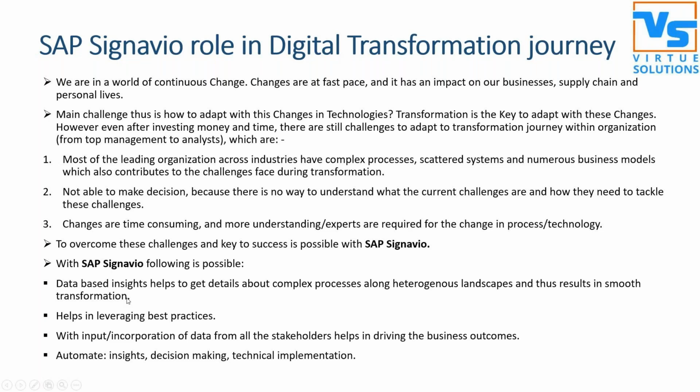This is data-based insight, so you can trust the data. It can help you leverage best practices, give all your stakeholders better collaboration, and you can automate some of the decisions, so that you can start automation for your happy path journey.